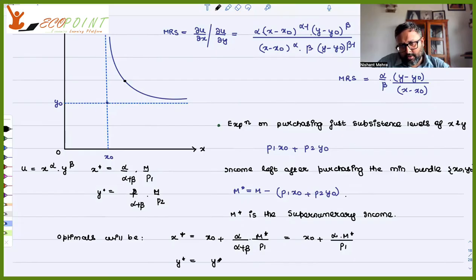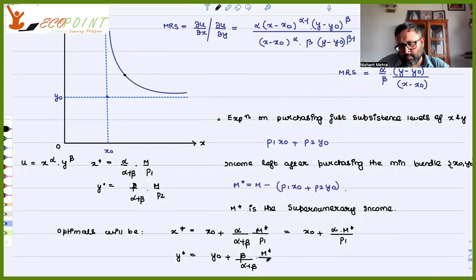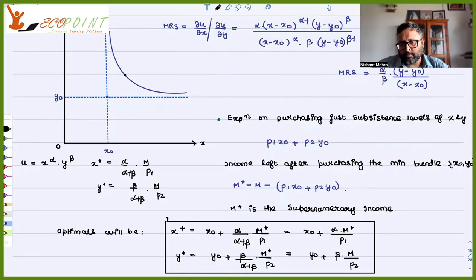And Y star would be Y naught plus beta upon alpha plus beta, M star upon P2. But what is also given to you is alpha plus beta is 1. So this is the way you find out the optimals here. You guys are with me?